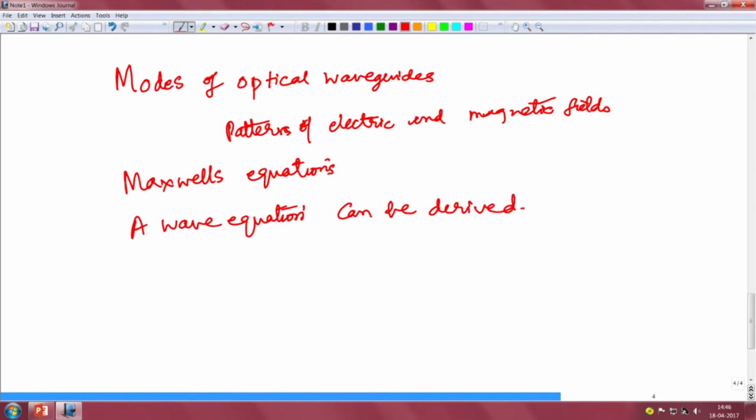So, the typical form of a wave equation looks like this. Here psi is the wave function representing any of the fields, electric or magnetic field components, and v is the speed of the light in the waveguide.